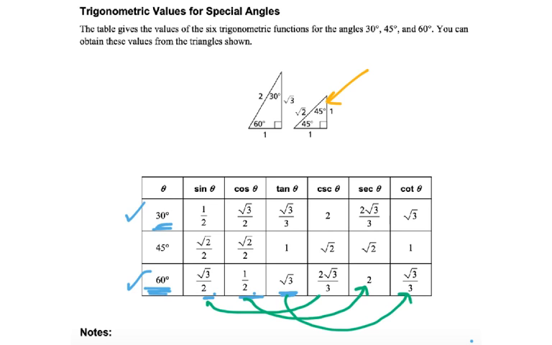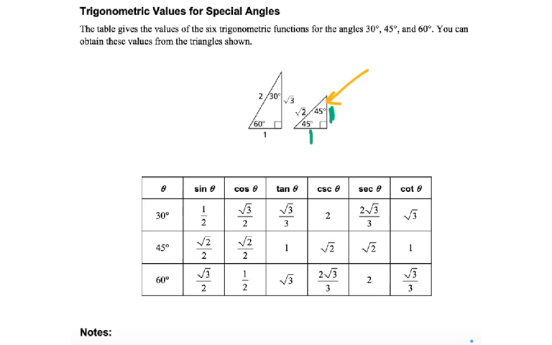Okay? It's going to work the same way with your 45 degrees, especially as far as the reciprocals, but it's slightly different because the numbers are different, right? So here your numbers are 1, 1, and root 2. So if I want to just look at sine of 45, and you can use either angle for this, it's opposite.